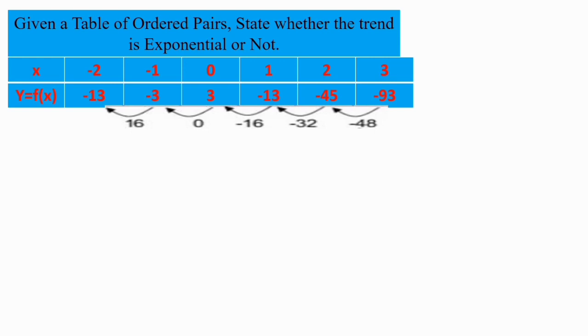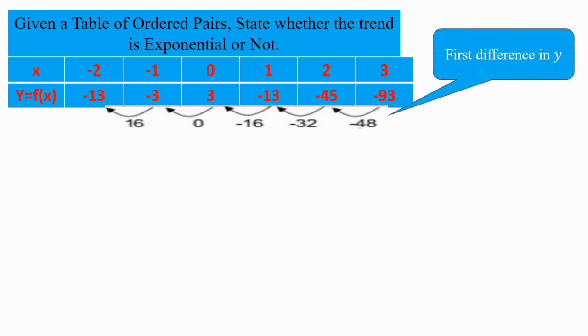So, try natin i-identify ulit yung difference nila sa pangalawa. So, 16, 0 minus 16 is negative 16. Negative 16 minus 0 is negative 16. Negative 32 plus negative 16. Okay, it's negative 16 ang difference nila.